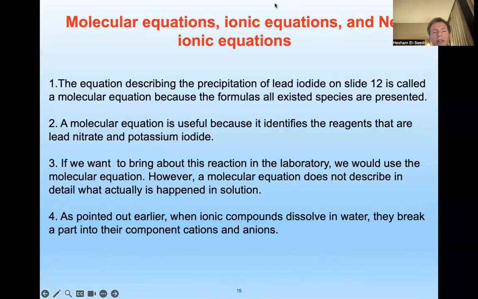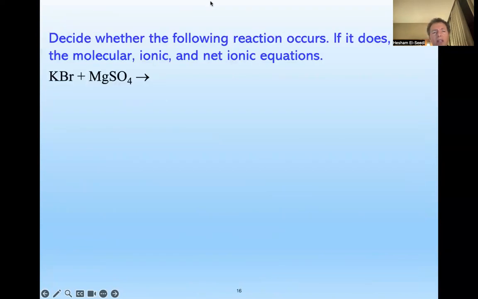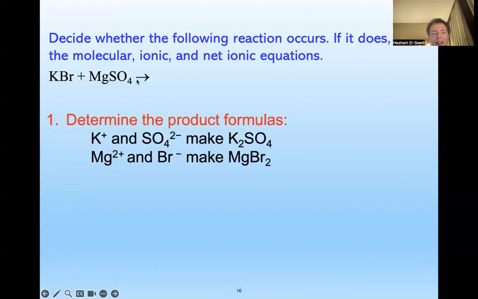We can explain these by molecular equation, ionic equation, and net ionic equation. So we take some examples like potassium bromide plus magnesium sulfate. If you react both together, again, positive and negative, I think you know it now, then you start to do it this way, positive and negative, make K2SO4.